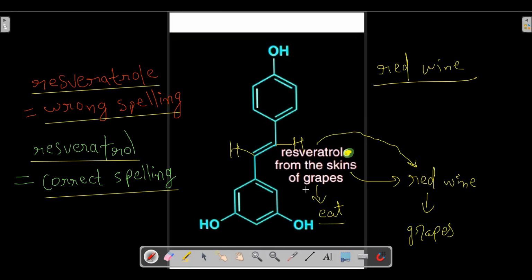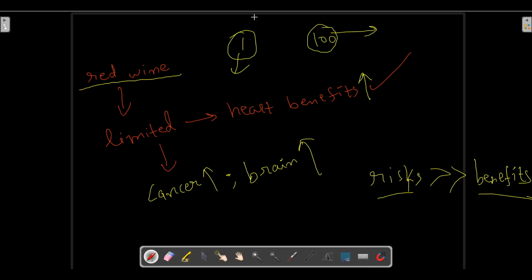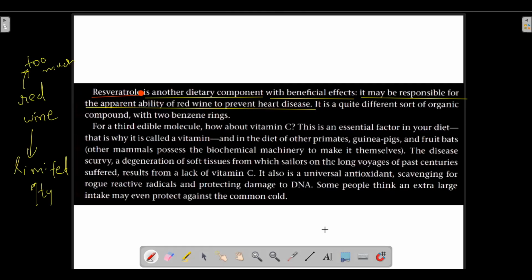Grapes do not have any risks associated with them, whereas red wine has many health risks. So instead of drinking red wine for heart benefit, eat grapes.